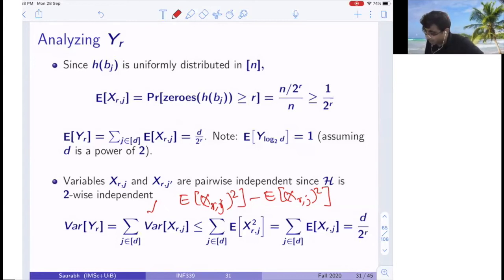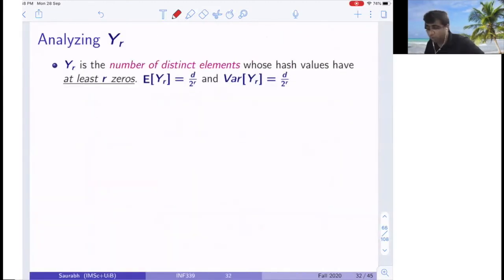The subtracted term is a positive quantity, so the variance is less than or equal to the expectation of X_rj squared, which is the same as the expectation of X_rj. So the variance is upper bounded by its expectation. So Y_r is the number of distinct elements whose hash values have at least r zeros, its expectation is d over 2 power r, and its variance is at most d over 2 to the power r.